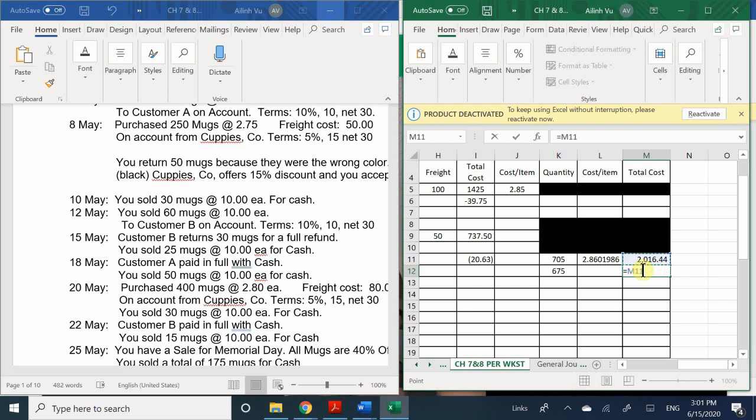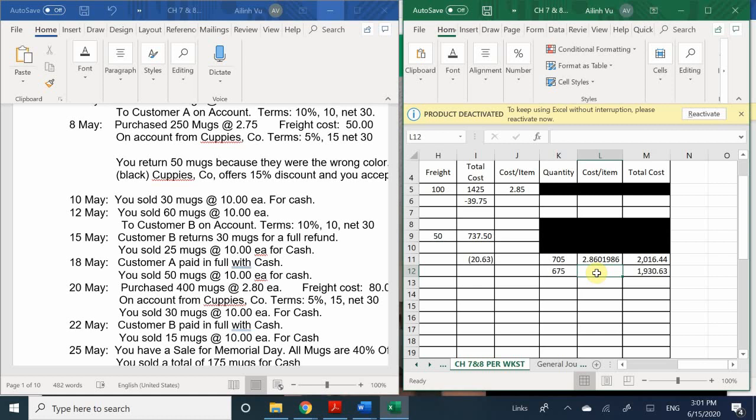I'm going to take this number up here, 2016.44, minus 85.81. I still got 1930.63.